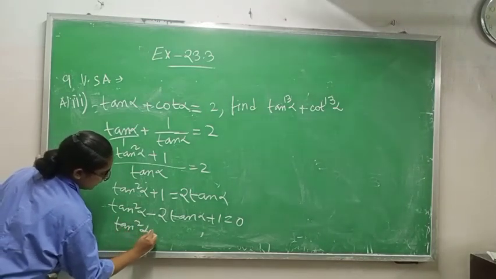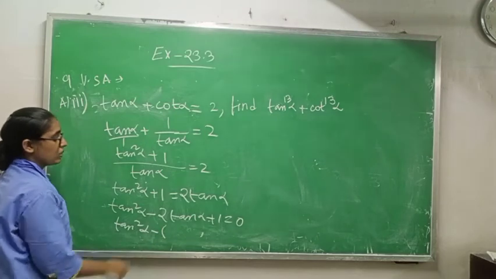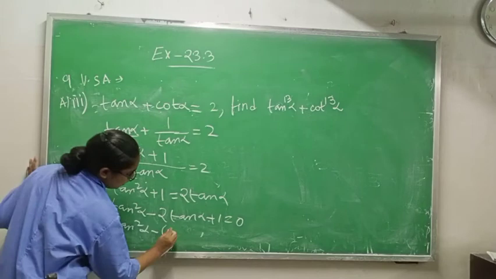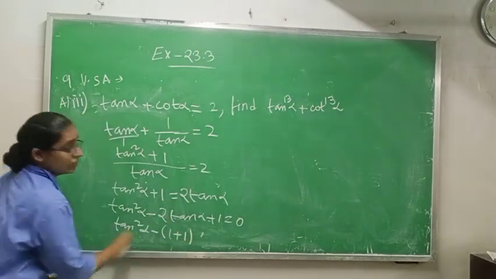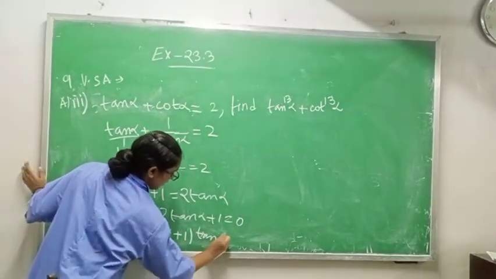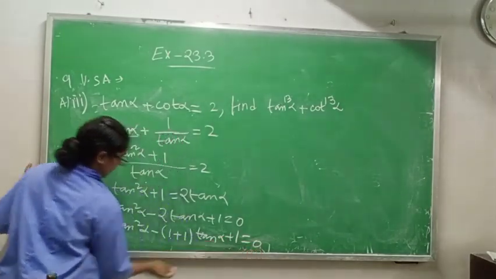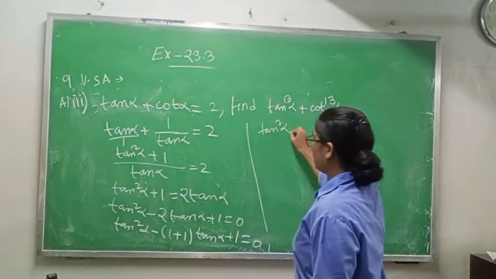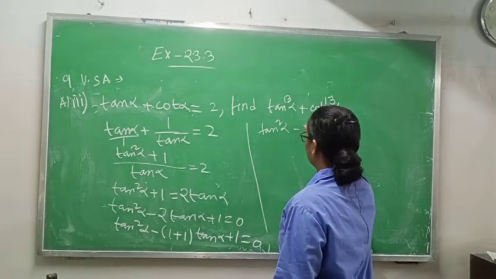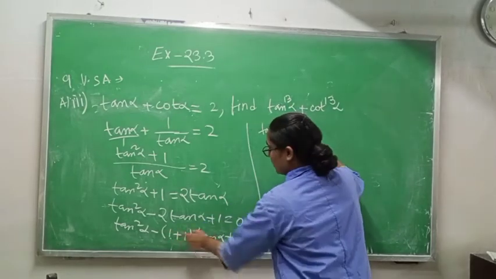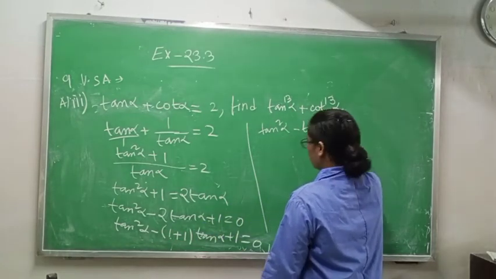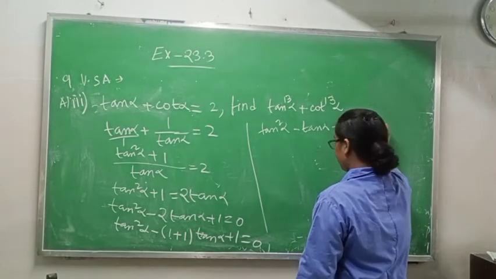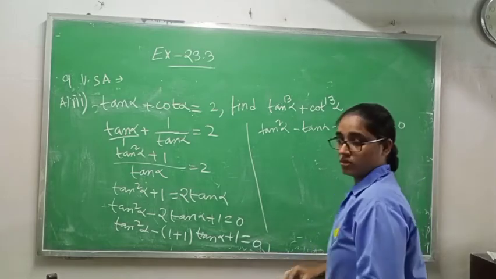Now you have to take numbers such that after addition 2 will come and after multiplication 1 will come. So 1 ones are 1, 1 plus 1, 2. Tan square alpha minus 1 into tan alpha minus 1 tan alpha plus 1 equals 0.